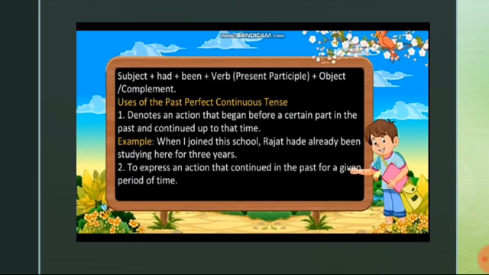So past perfect continuous tense denotes an action that began before a certain time in the past and continued up to that time. Like see, when I joined the school, Rajat had already been studying here for 3 years. When we need to express an action that continued in the past for a given period of time.